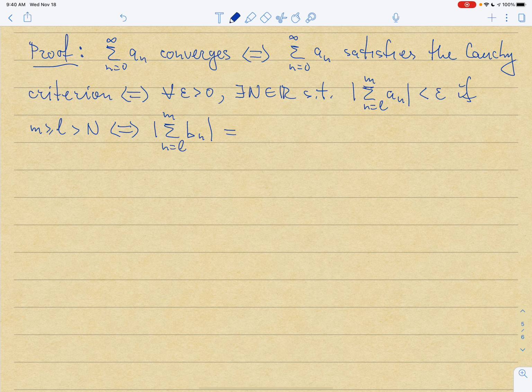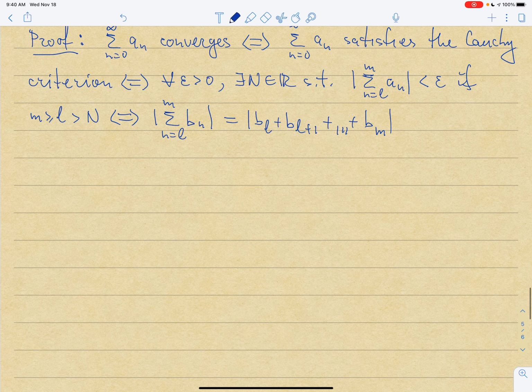That's the same thing as bL plus bL+1 plus etc., plus the last term in my sum, bM. And then I can apply the triangle inequality. So this should be less or equal, by the triangle inequality, than the sum of the absolute values of the same b's.